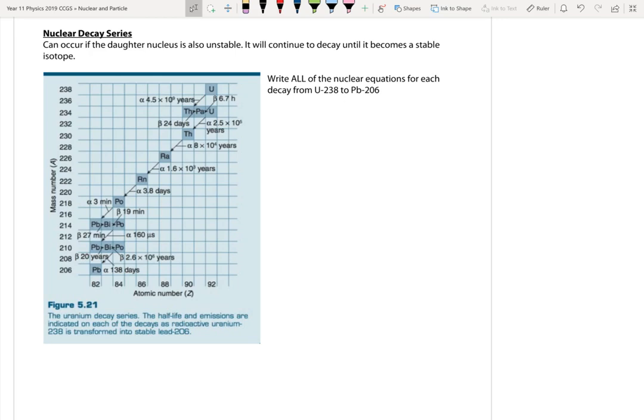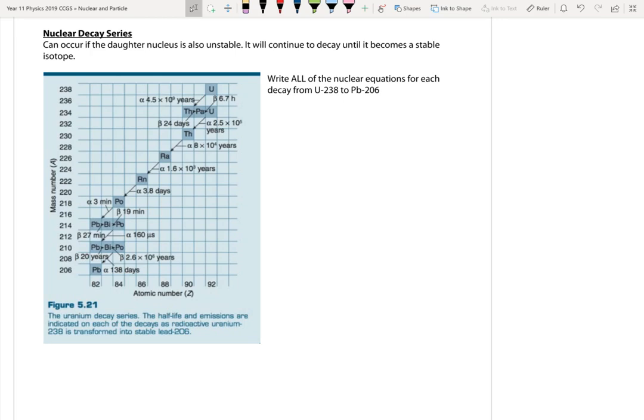Again, 250,000 years, it decays back to thorium. But again, a lighter isotope of thorium, 4 nucleons lighter. Then to radon, then radium, then to radon, then to polonium, then to lead. Now lead, everything wants to get to lead. But this lead isotope's not stable. Again, the ratio, it still has too many neutrons.